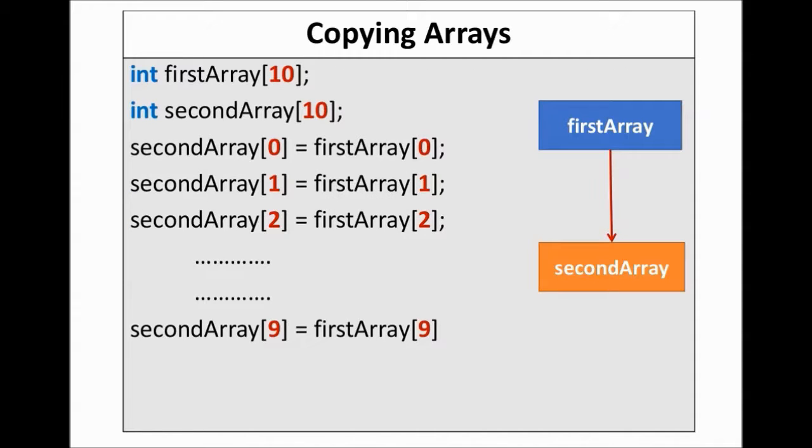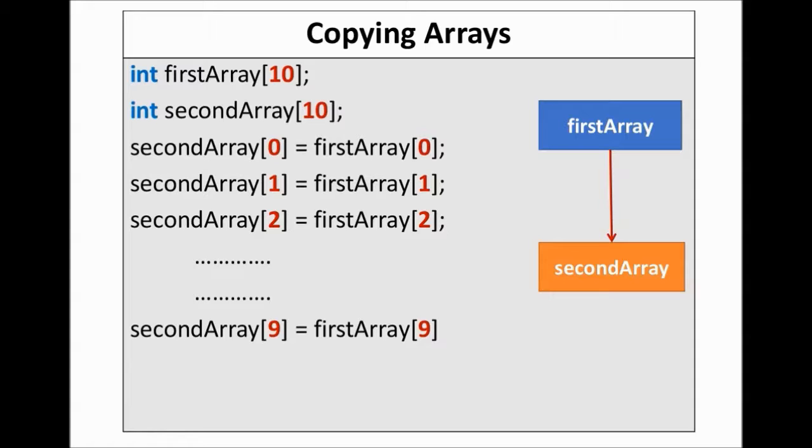So here is the process to copy data from one array to another array. First of all, we initialize both arrays, then we copy the first array into the second array by using the index elements of both arrays. For example, for 0 index values, first array index 0 is equal to second array 0.